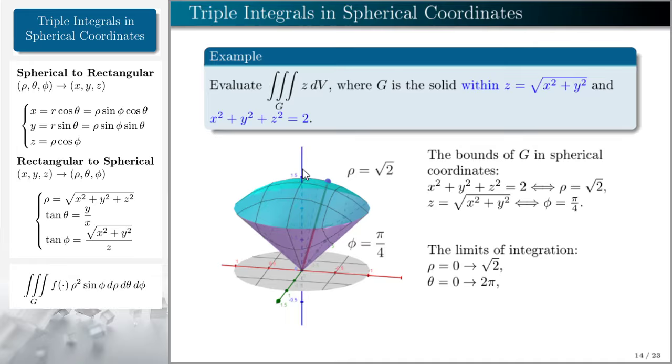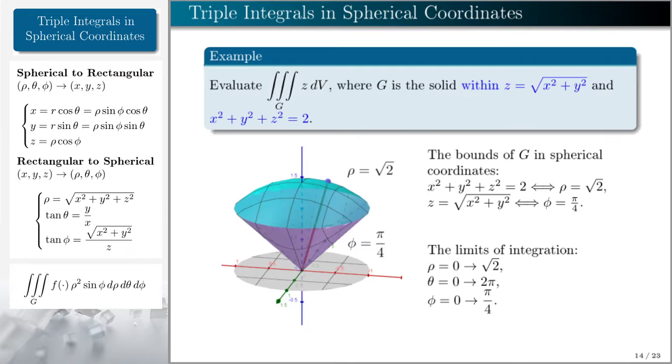Since the positive z-axis is part of the solid, I keep rotating until it exits the solid, and you will see it exits the moment it exceeds pi over 4. So phi will be from 0, the positive z-axis, until pi over 4, giving me the limits of integration.